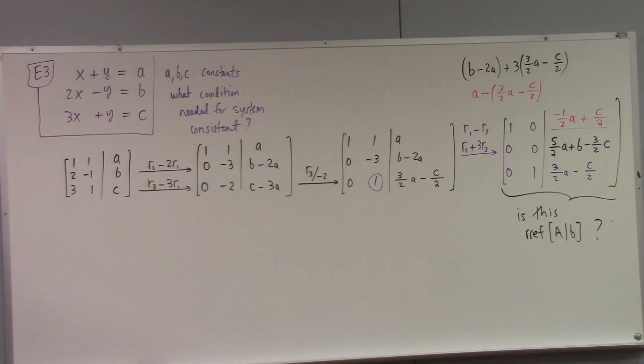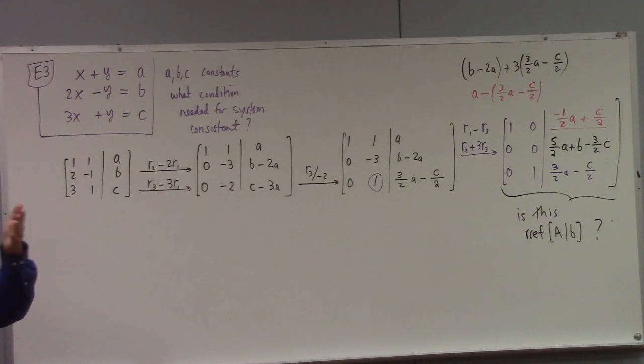I mean, its first column is E1. Its second column is E3, right? Is this the row reduced echelon form? It is not. Why not? Because the pivot columns have to be E1, E2, E3, and so forth. So for this, we'd be looking for E1 and E2, right?